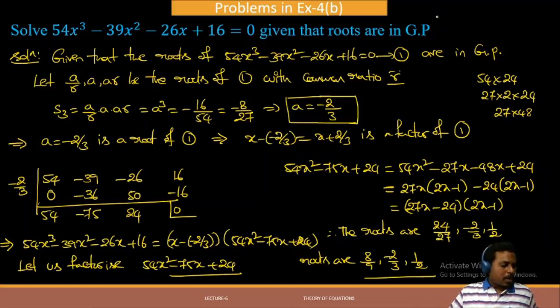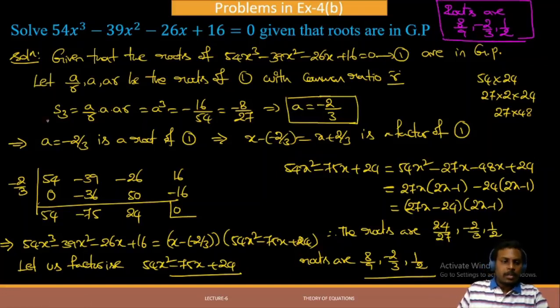So I am writing the roots here. The roots are 8 by 9, minus 2 by 3, 1 by 2. So this is actually method 1. We'll do the same problem in method 2.